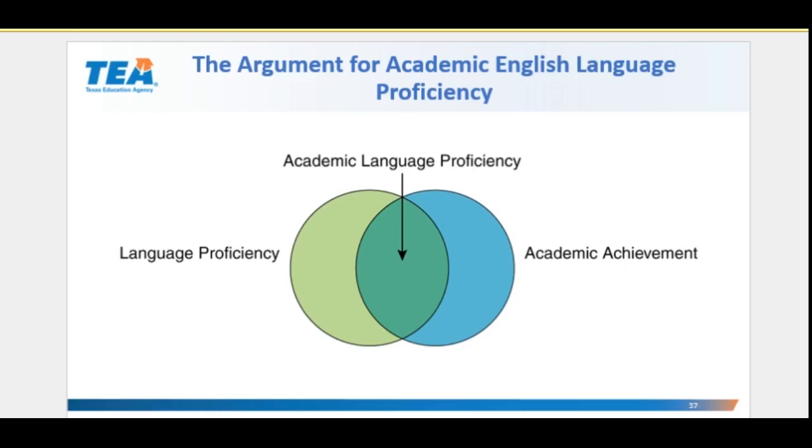Language proficiency encompasses both social language proficiency and academic language proficiency. Social language proficiency is language of social interaction, language acquisition often outside of school, tied to everyday life, and grounded in language proficiency standards.